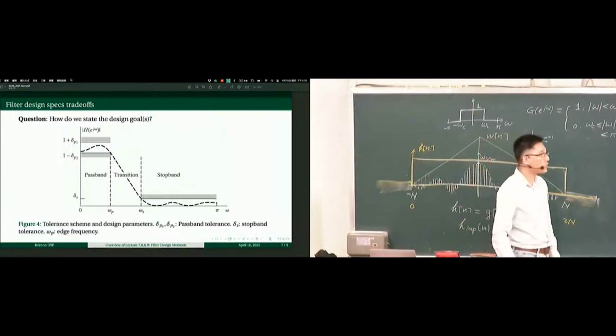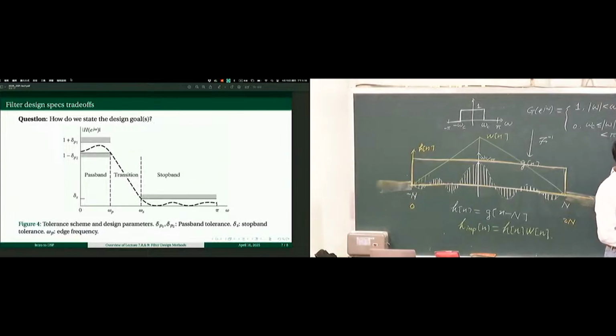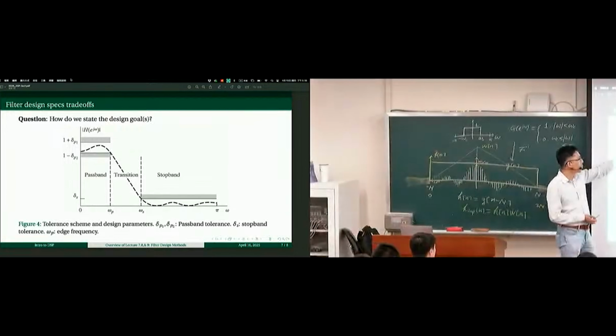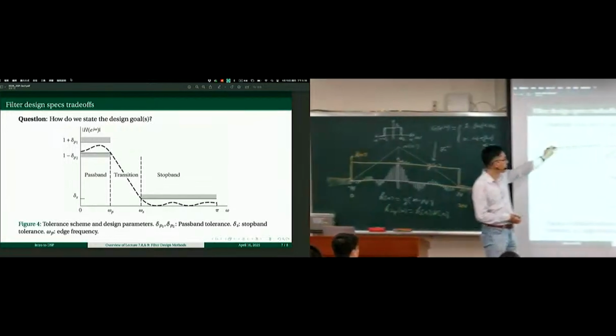How much error do we tolerate? How much are we willing to let the gain deviate from 1? Maybe even though it's not exactly 1, in the pass band it's bounded up and down between 1 plus delta P1 and 1 minus delta P2.